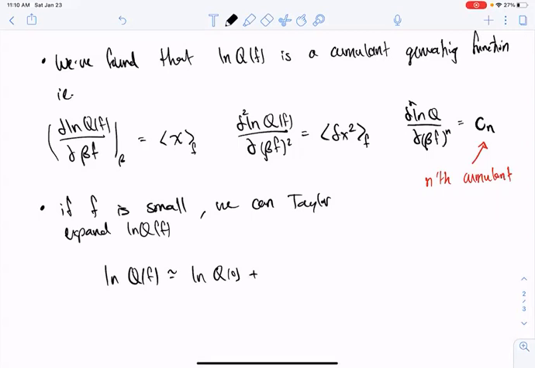To first order, we would get beta F times the first derivative of the log of Q of F with respect to beta F, evaluated at 0 from our expression up here. The first derivative is just the average, evaluated at 0 is then just the average in the system without the force.